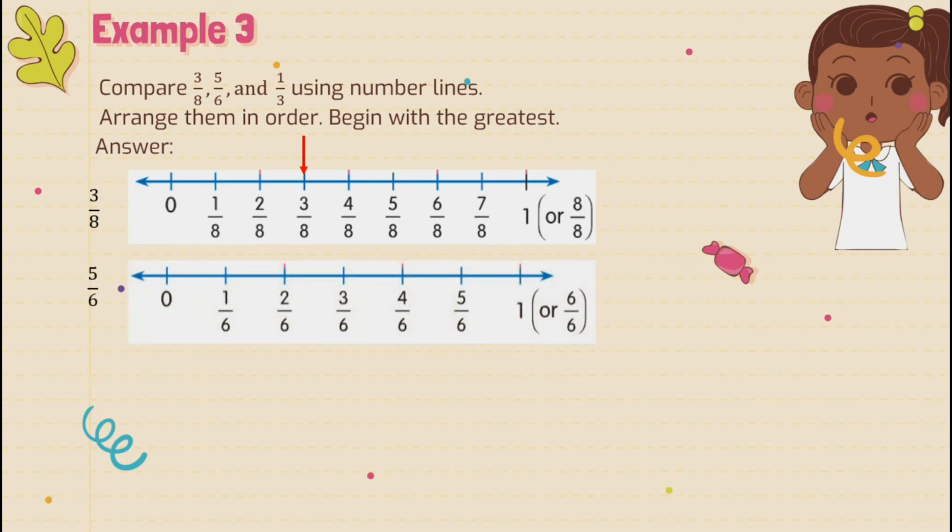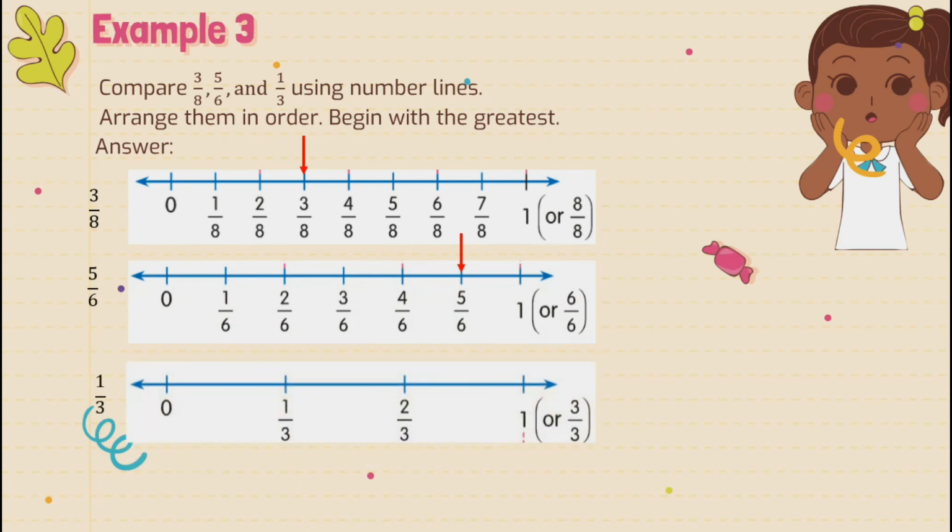Here is the number line of sixths and the position of 5/6 is here. Next, 1/3. Here's the number line and the position of 1/3 is here. 1/3 and 2/6 are equivalent.